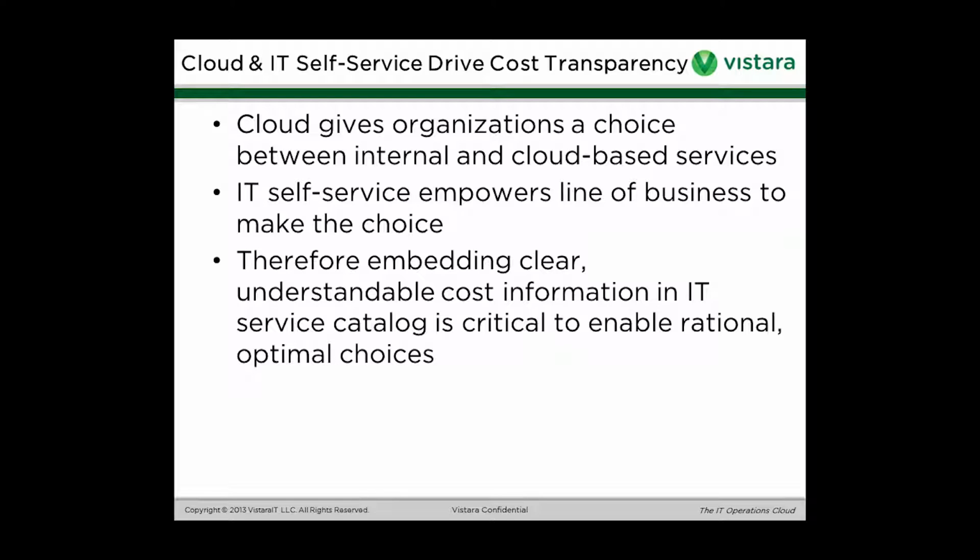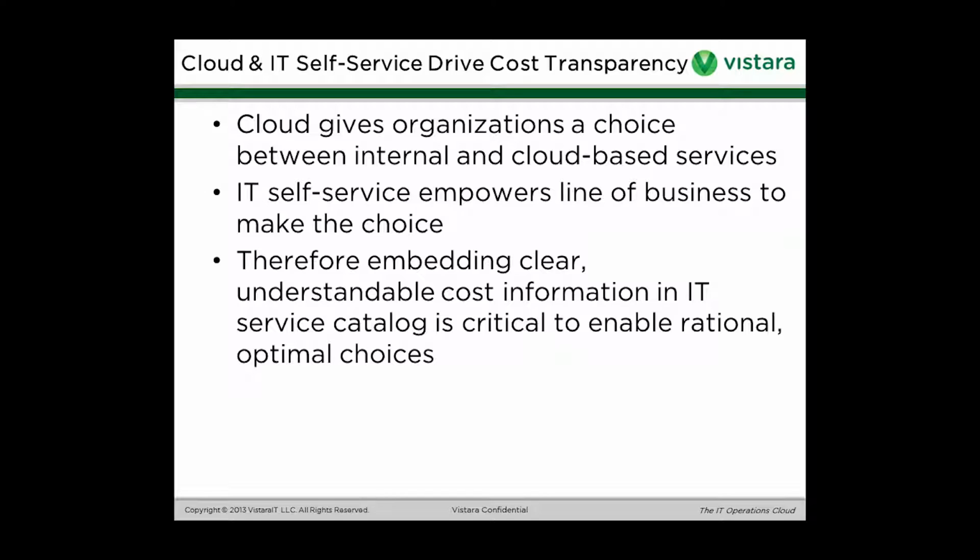So the line of business now has a choice between internally provided services and cloud-based services. Top-performing IT organizations are recognizing that and competing on ease of use as well as cost with externally available services.